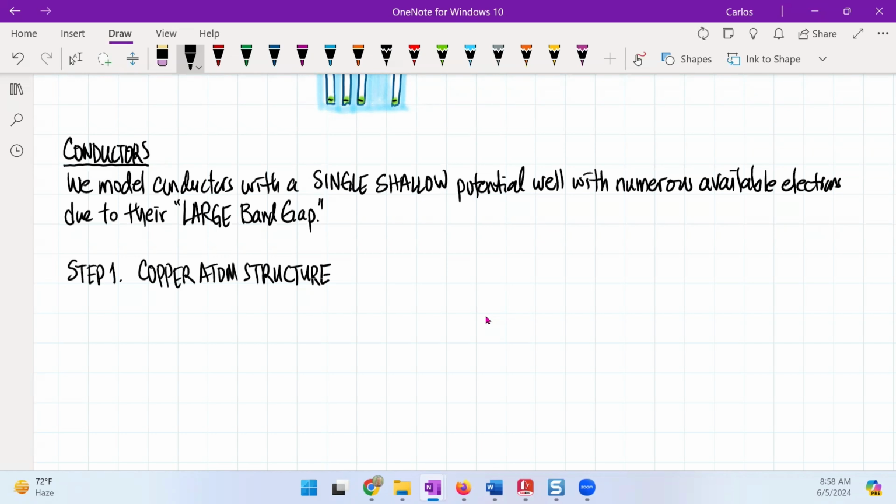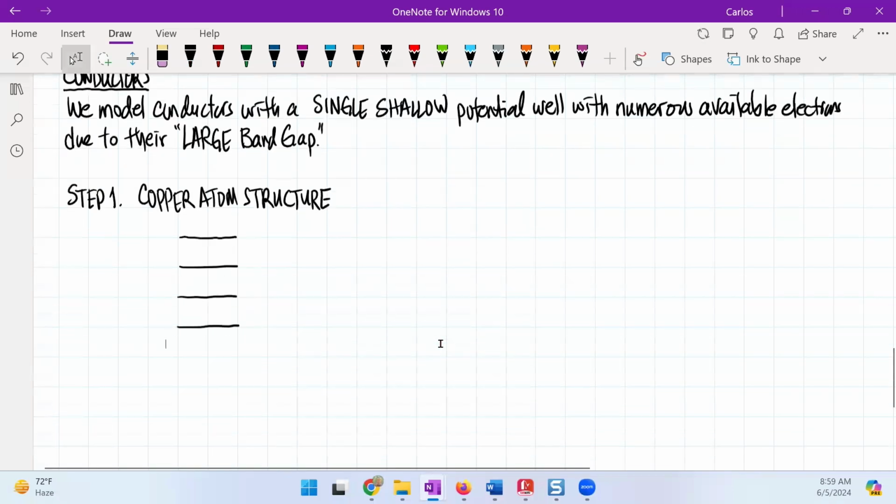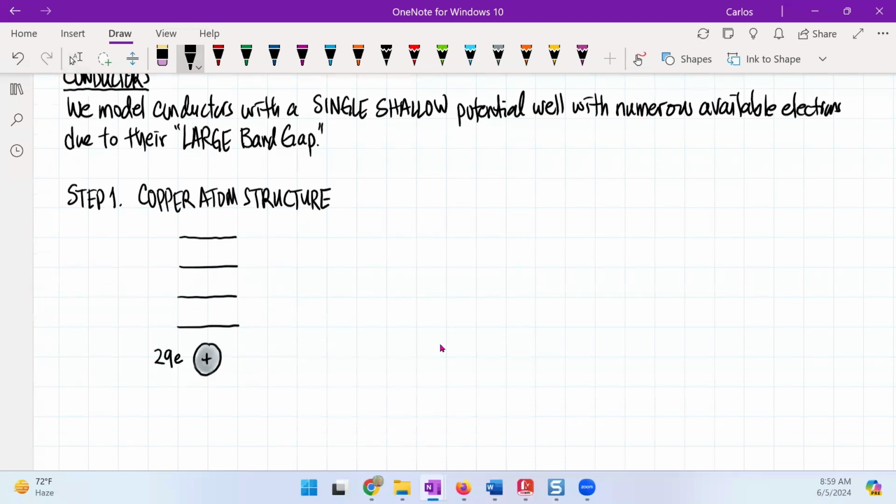So here's what I imagine. We have 4 energy levels, and they don't look like this at all. And what we're seeing is that we have our nuclei right here, and it has 29 positive protons. So this is 1, 2, 3, 4.